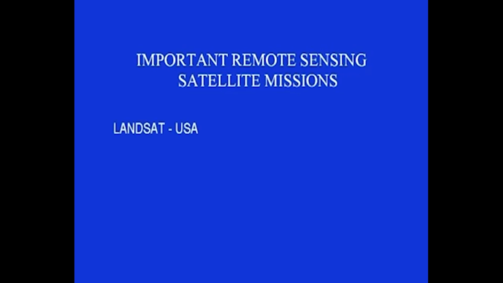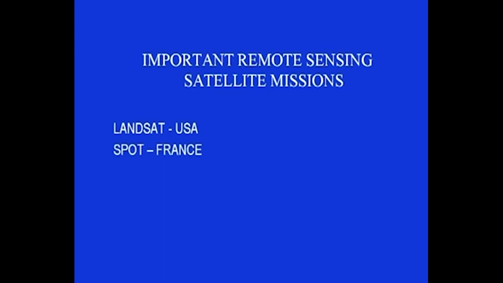The first mission to be launched was Landsat by the USA. Then the next one is SPOT, which was launched by France, followed by IRS, which is an Indian venture. So let us look at each of these important remote sensing missions which have been utilized for Earth resources mapping.